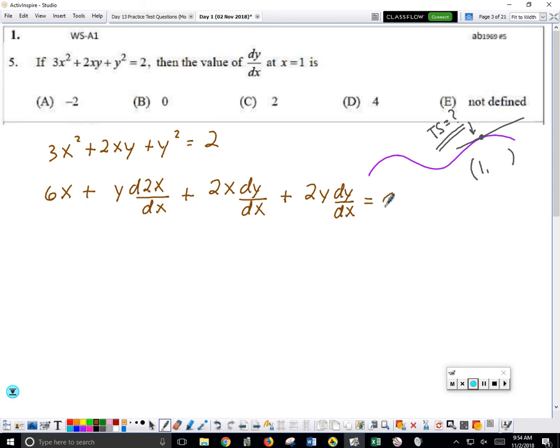Derivative of 2 is 0. That's what you have to have in your notebook if you want the extra credit. Questions? Please. Actually, never mind. No worries, 2 points. Anybody else?